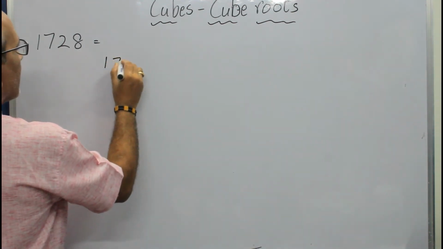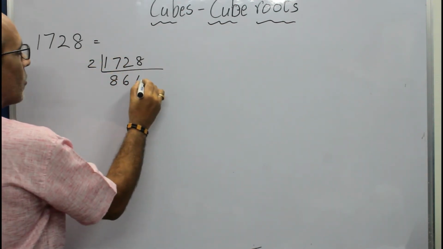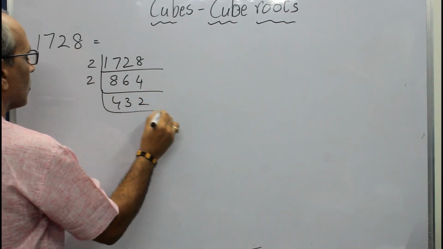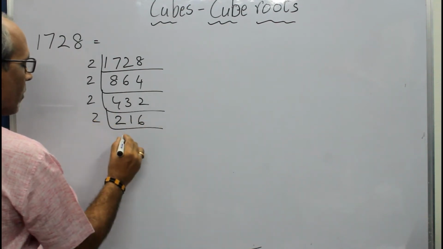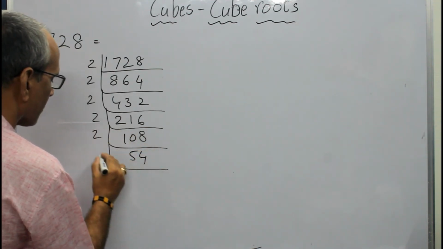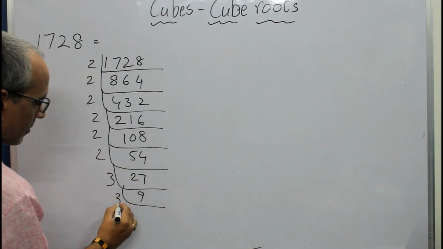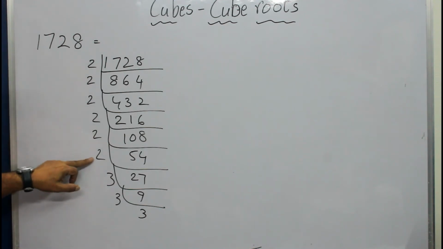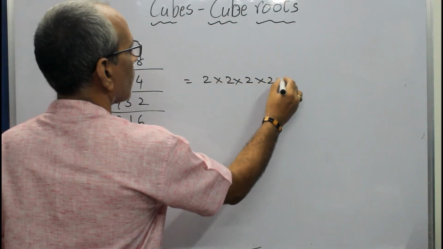Let's write the factors. 1728, 864, 432, 216, 108, 54, 27, and then 9, 3, 3. So I got 3 threes left over.